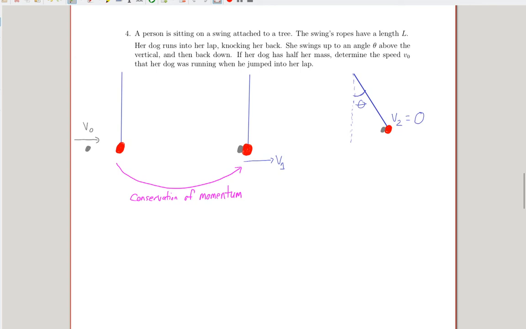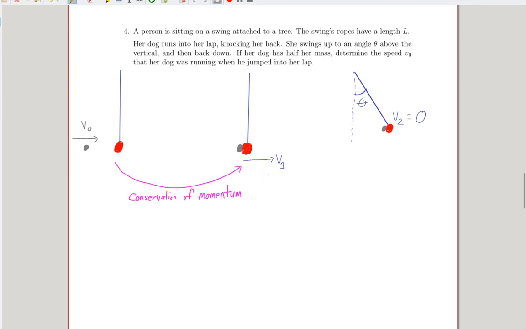In that instant, external forces are very small compared to the force in the collision. But now as Room and Ohana start to swing up into the air, we can use the work energy theorem because during that motion, I can keep track of the work being done by all forces.